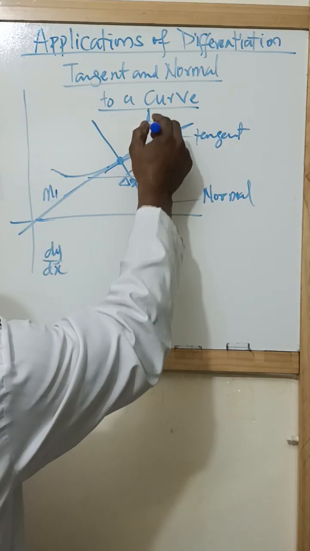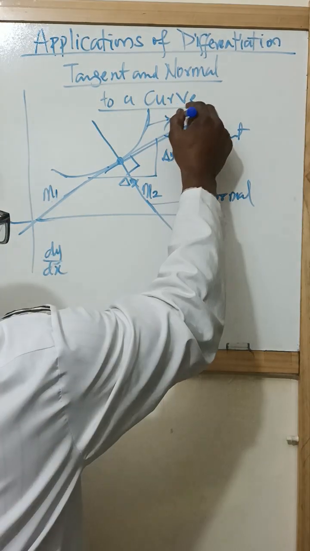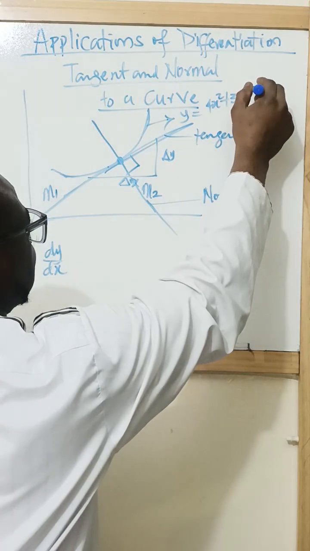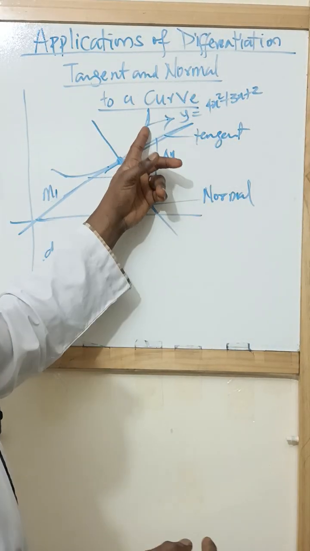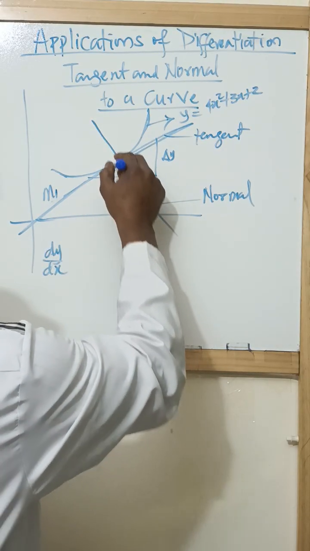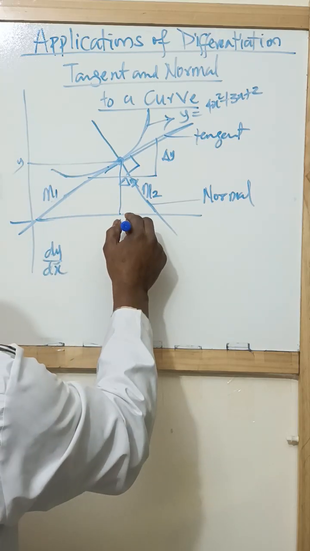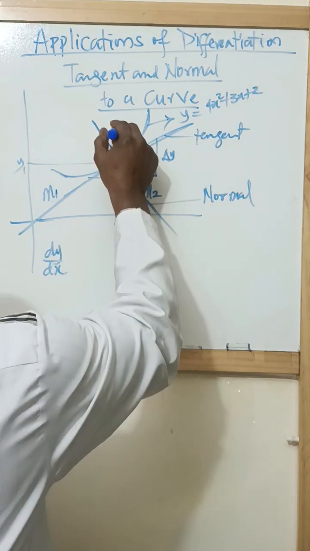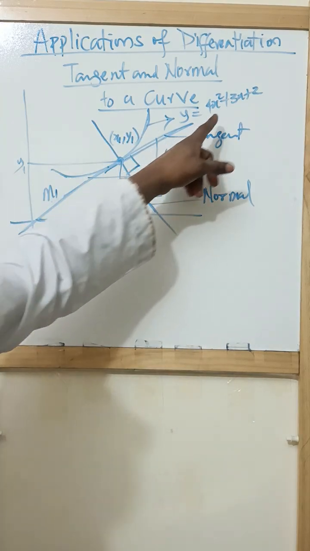If we have a curve which has a particular equation, which could be probably y equals 4x squared plus 3x plus 4, or plus 2, whatever, and we differentiate this curve, then we substitute the values of the point, x1 and y1, into this differentiation.